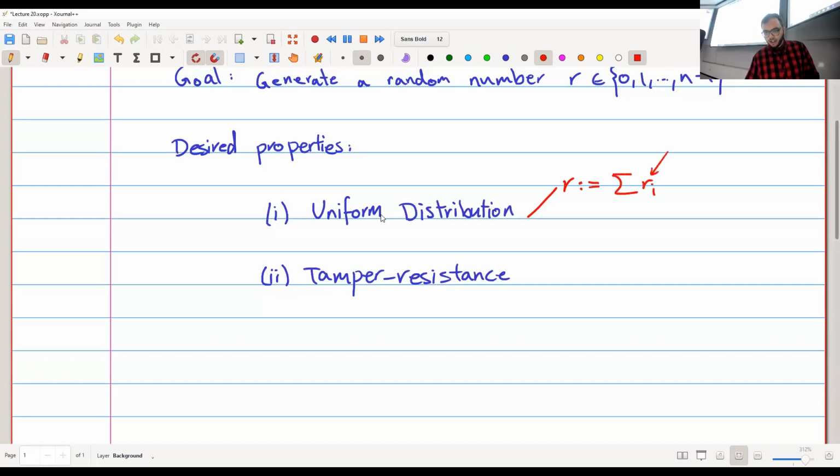And this R_i was the submission of player i. And the guarantee was that even if one player gives me an R_i that is distributed uniformly at random, then my R will also have the uniform distribution. So I need one honest player.